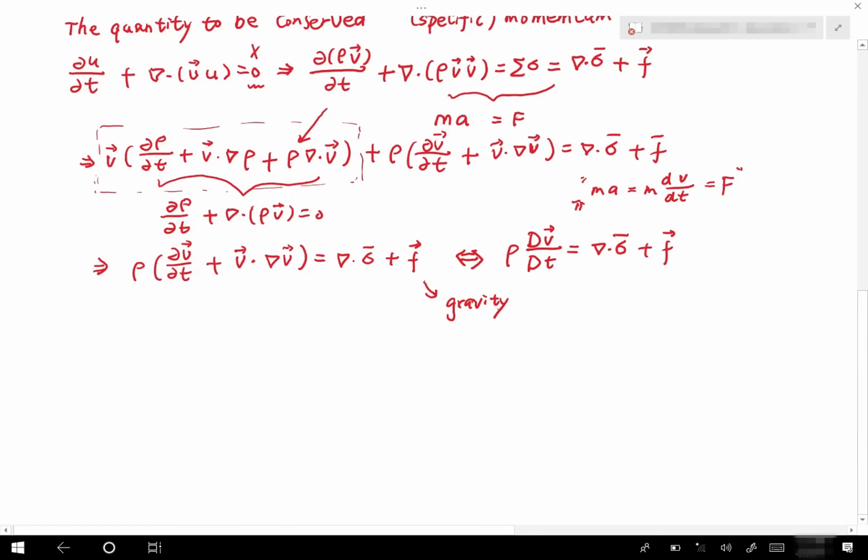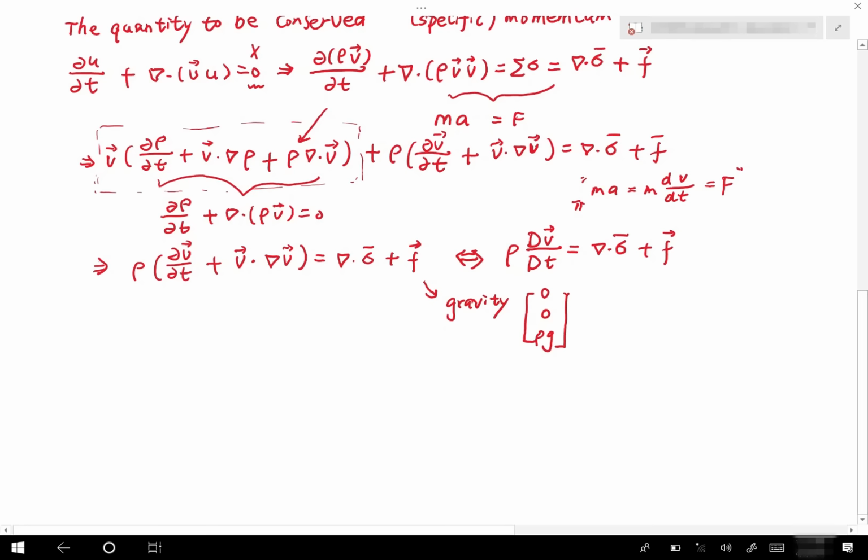Let's say that if z direction is vertical, we only have value along that direction, so it's gonna be something like x 0, y 0, and z direction should be rho g. So the gravity depends on the density, the unit weight, right? Unit weight is density times the gravity constant, rho g. So it is a vector.